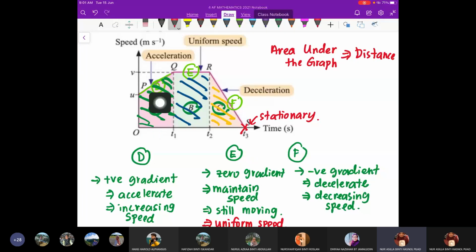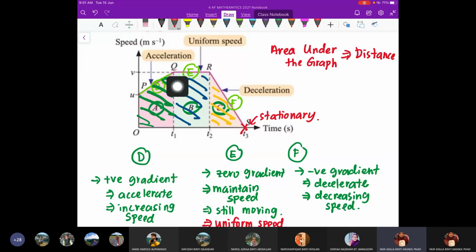So kat sini kan bentuk dia trapezium. So gunalah formula trapezium. Jadi lepas tu bila dia maintain speed, berapa jauh dia maintain speed, kamu boleh kira dengan area B ni. So ni guna je lah formula rectangle. And then berapa jarak yang dia gunakan untuk berhenti, kamu boleh guna formula triangle.